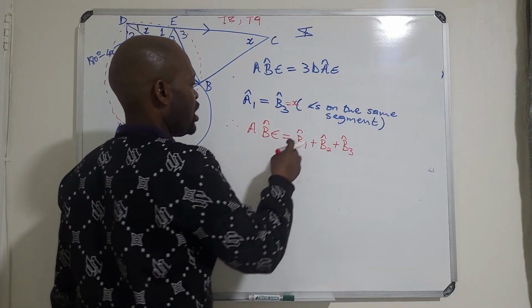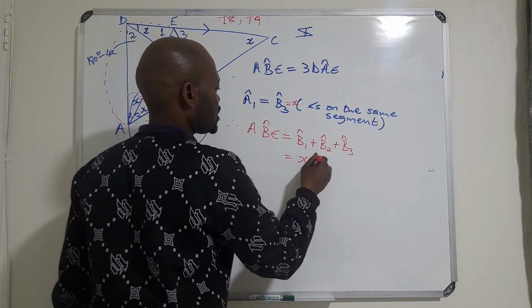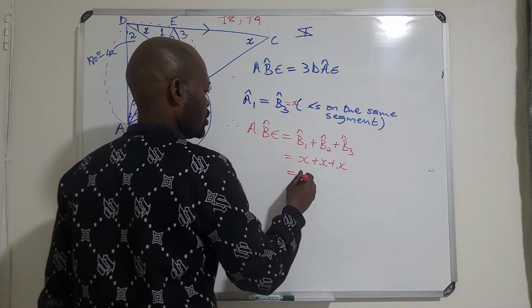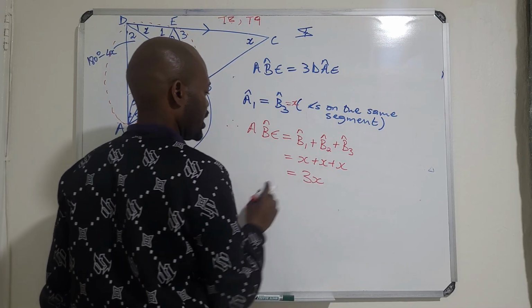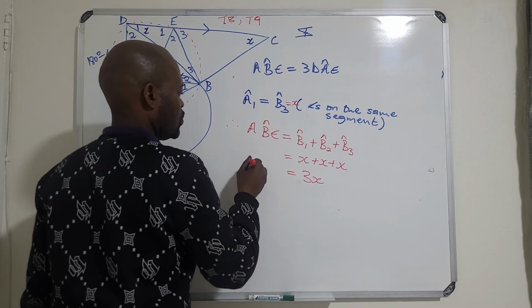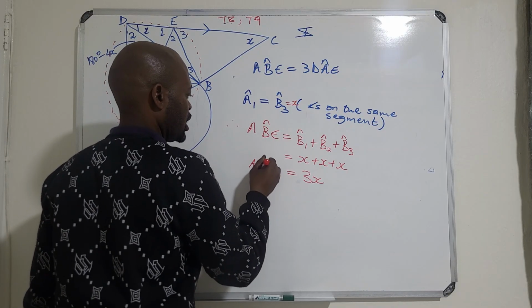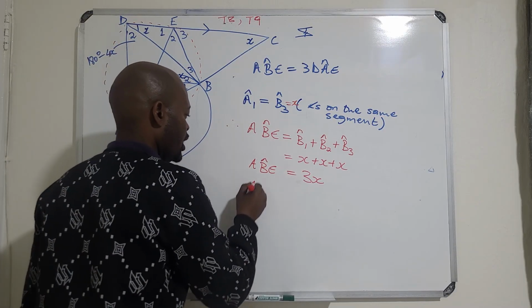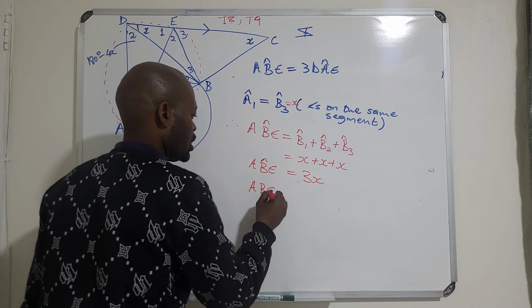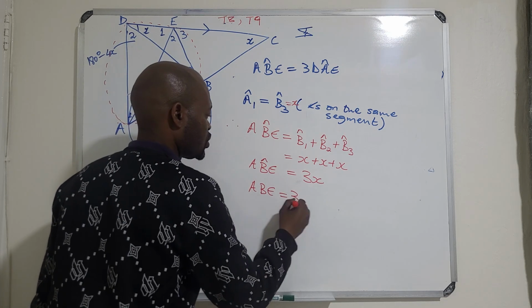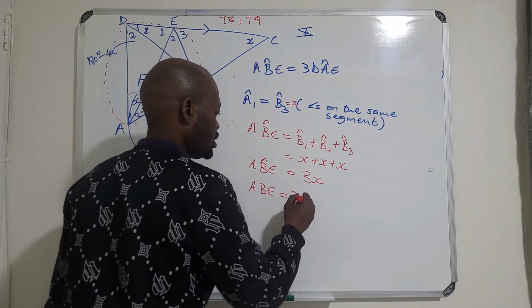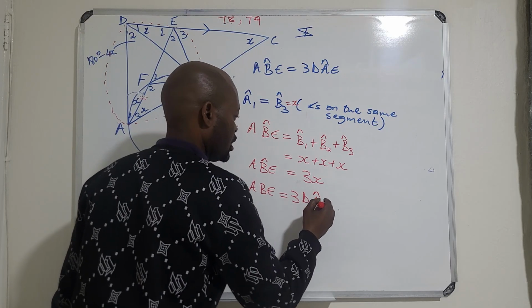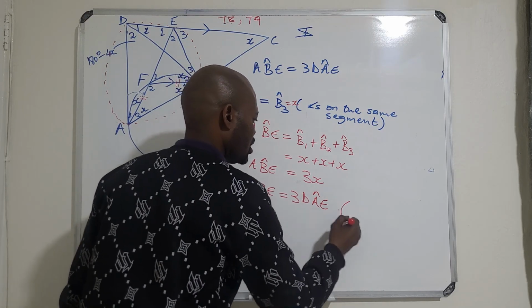Now, we know angle B1 is x, plus x, plus x, which is 3x, which is angle ABE. Now, angle ABE is equal to 3 times angle DAE.